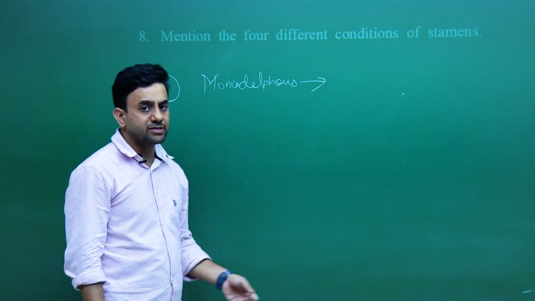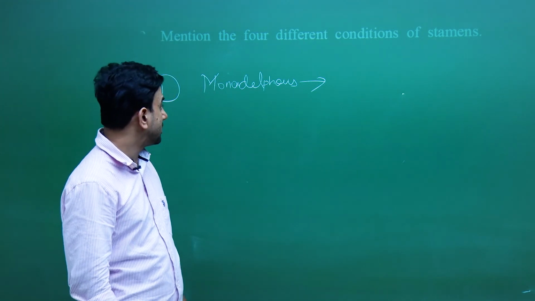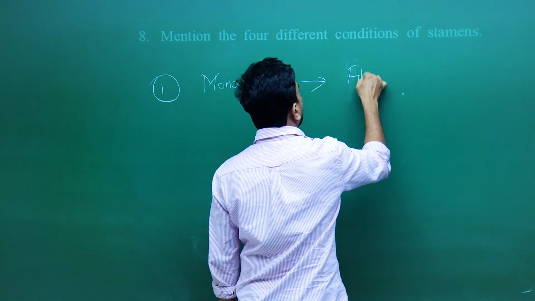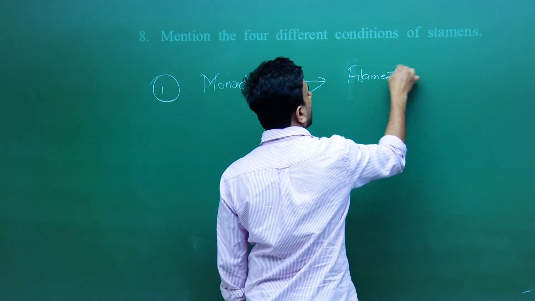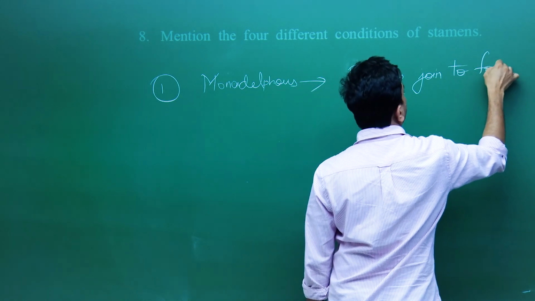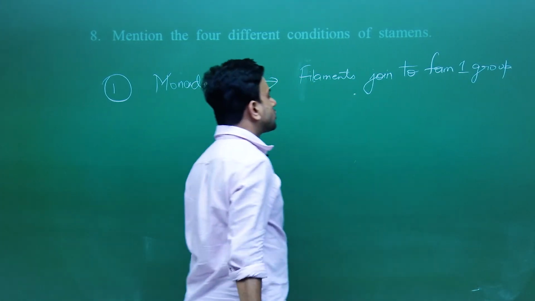Mono means one, adelphous means many filaments are joined here, in fact, not the stamens. So here filaments join to form one group.